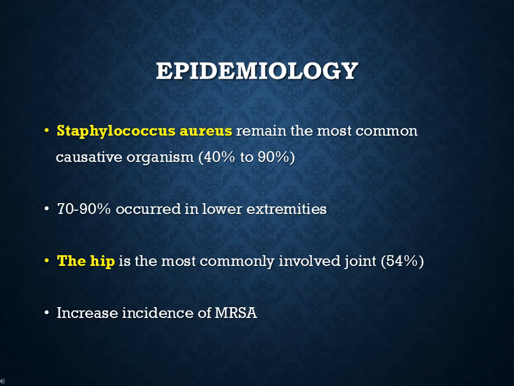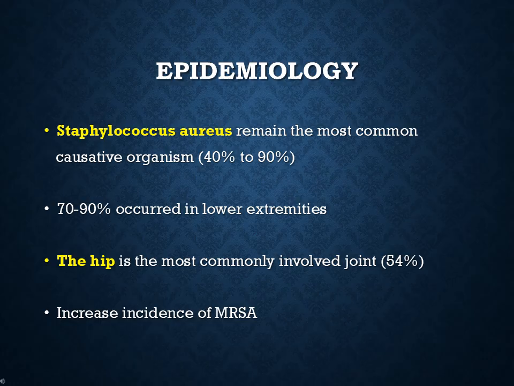Among joints, the hip is the most commonly involved, with an incidence of about 54%, particularly in pediatric and adolescent populations. Recent epidemiological trends demonstrate an increasing incidence of methicillin-resistant Staphylococcus aureus, MRSA, both in community-acquired and hospital-acquired infections. This shift has influenced disease severity, treatment response, and antibiotic strategies.